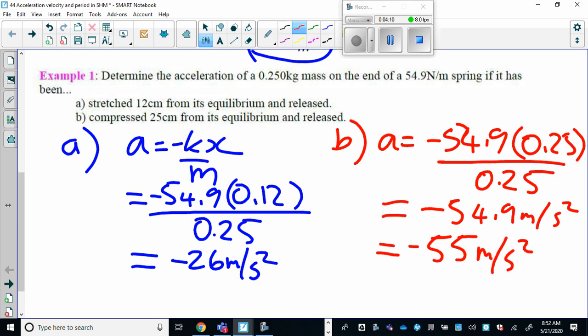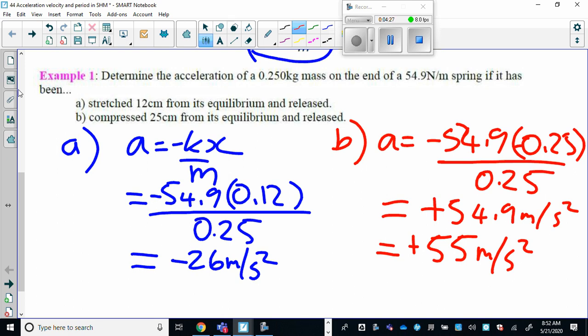All right, and that was easy because the 0.25 just cancel each other out. Oops, and there should be a negative there because I should have put a negative here. So it's actually a positive answer.